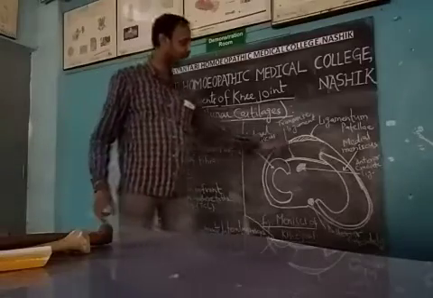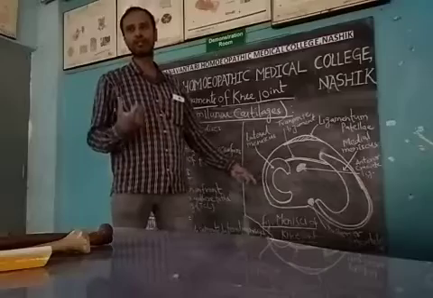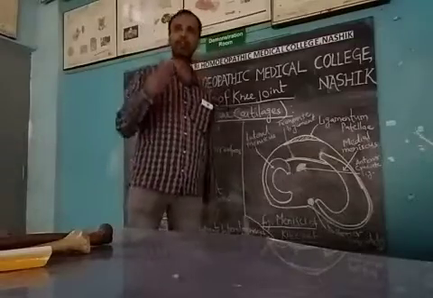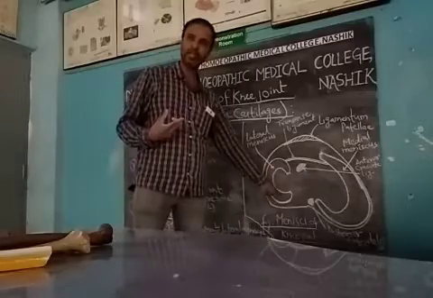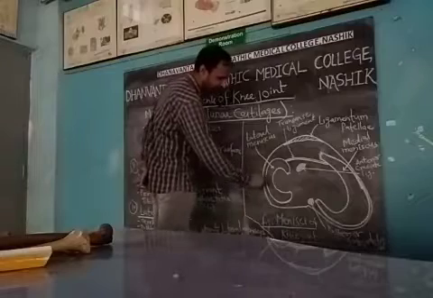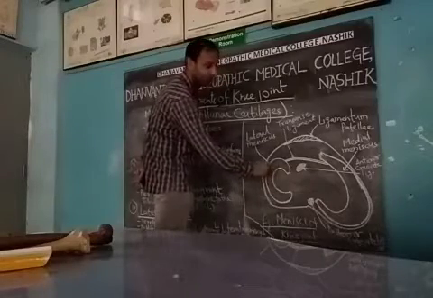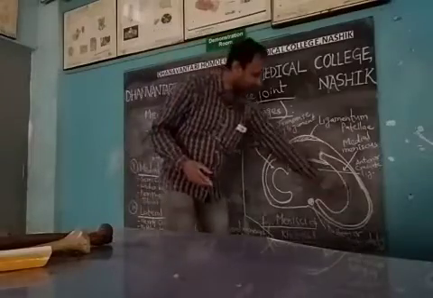Now, about the structure of the menisci: as I have said, they are fibrocartilaginous and crescent shaped. Therefore each meniscus has two ends, anterior and posterior. Then two margins: the outer margin, which is convex, and the inner margin, which is concave. And then two surfaces, the upper and the lower.